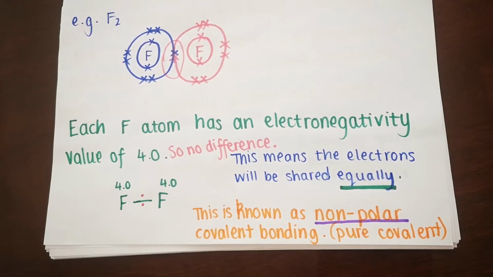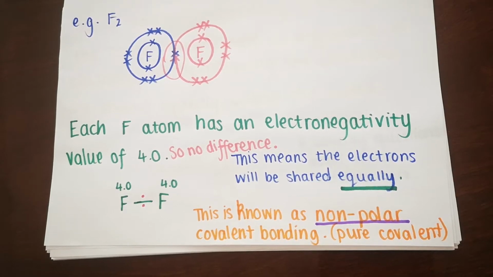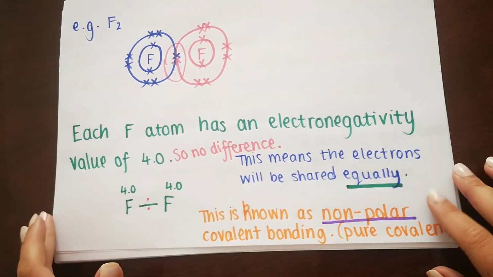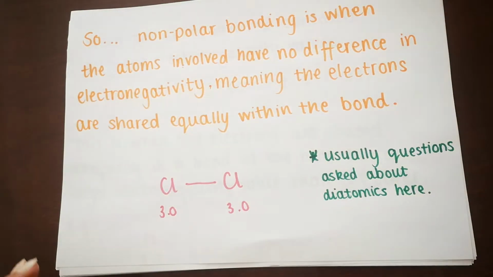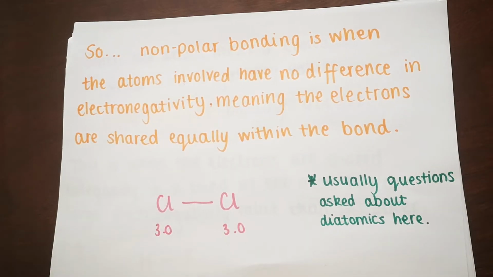So when the electrons are equally shared, this is known as a non-polar bond. A non-polar covalent bond can also be known as a pure covalent bond, so you might see both of them in questions. Non-polar bonding is when the atoms involved have no difference in electronegativity.